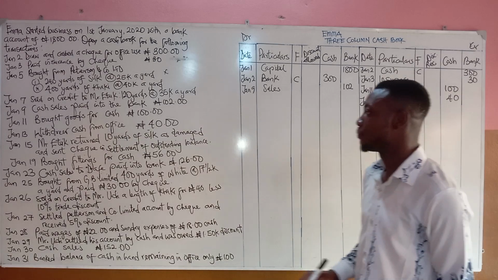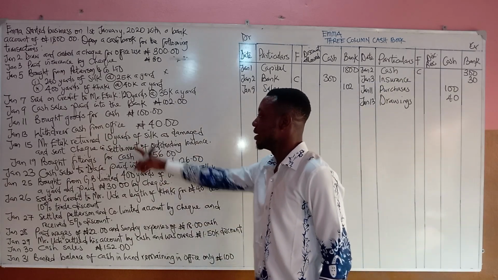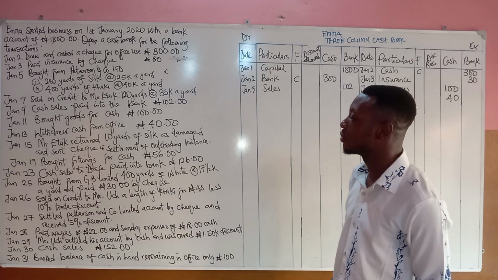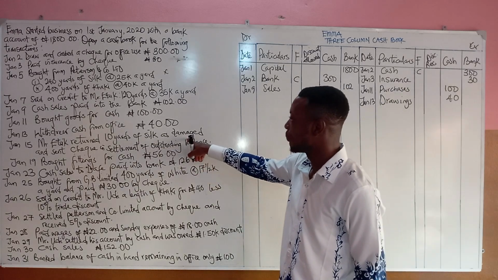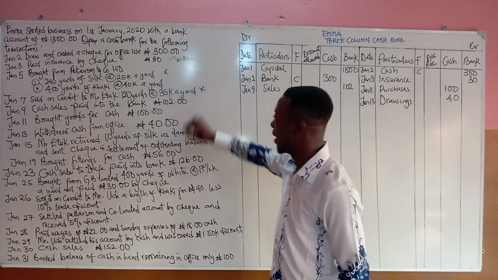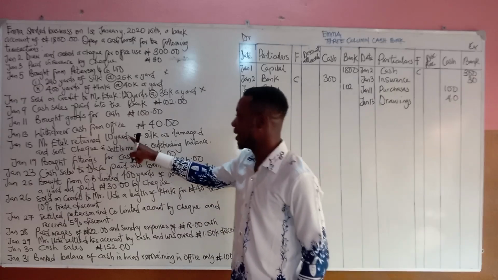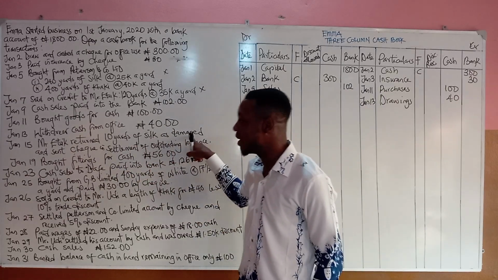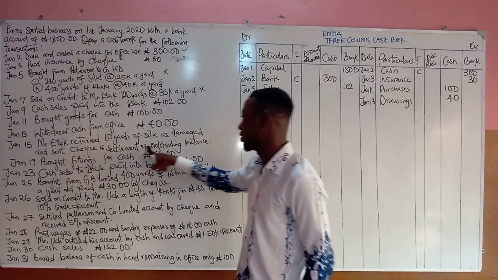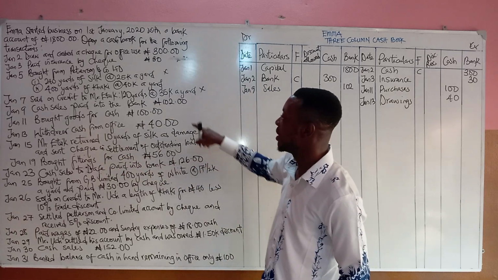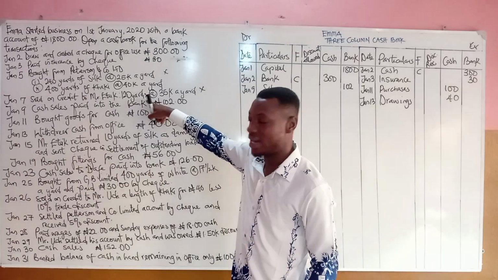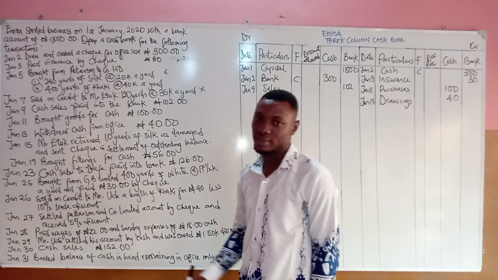Then January 15, it said Mr. Etuk returned 10 yards of silk as damaged and sent check in settlement of outstanding balance. Meaning out of these 120 yards, 10 yards was returned as damaged.